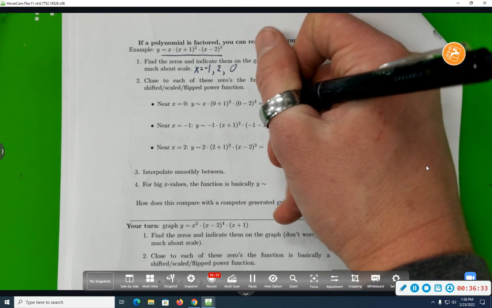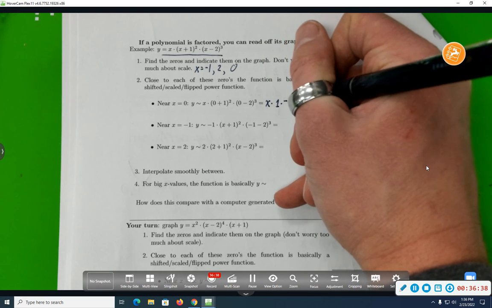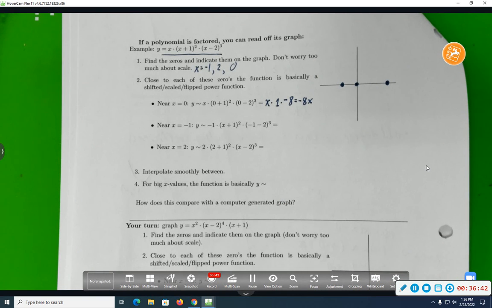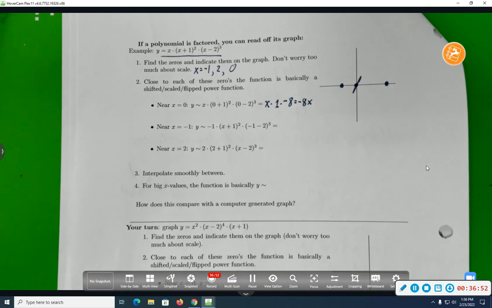So that'll be x times 1 times negative 8. Oh, neat. We know what the graph of negative 8x looks like. It's linear. Slope is negative 8. I'm not going to try to be fancy about having exactly the right scale, but that slope looks like it's around negative 8-ish.